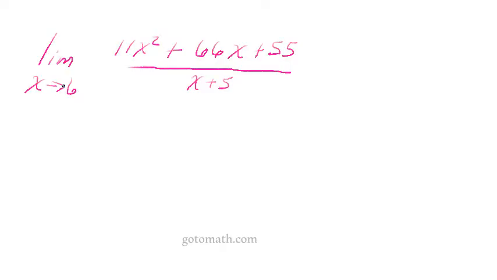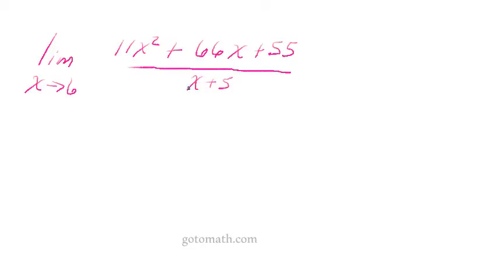Now, in the previous problems we've worked, when we take this number and plug it in, we get 0 over 0. But here we're not going to get 0 in the denominator, and we're not going to get 0 in the numerator.